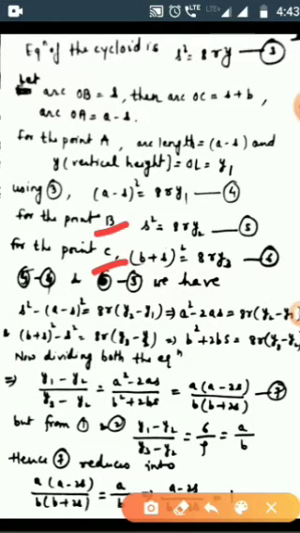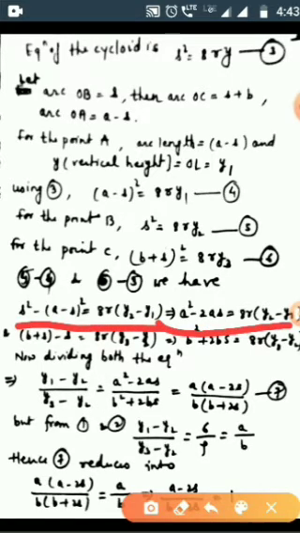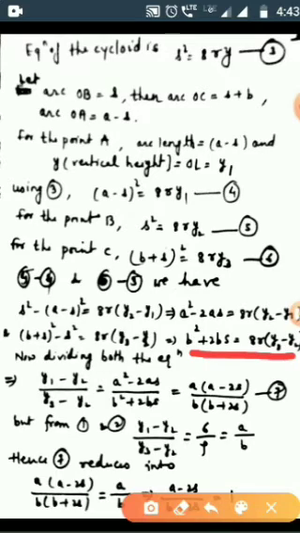Now we subtract equation number 4 from 5 and equation number 5 from 6. So we have s² minus (a minus s)² equals 8r (y2 minus y1). After calculation we have a² minus 2as equals 8r (y2 minus y1). Similarly we have b² plus 2bs equals 8r (y3 minus y2).